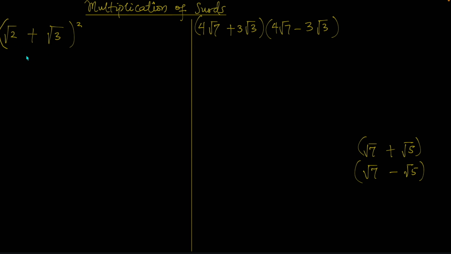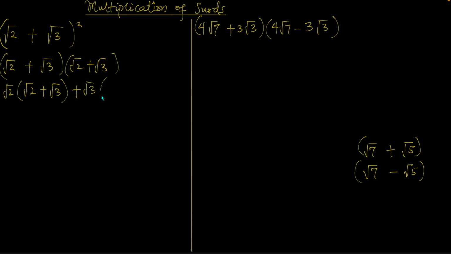Now, bringing the idea here, we have this root of 2 plus the root of 3 multiplying the root of 2 plus the root of 3 once more. The same way you would expand a regular algebraic expression, take the first term in the parentheses and use it to multiply the other parentheses, plus the root of 3 multiplying the root of 2 plus the root of 3.